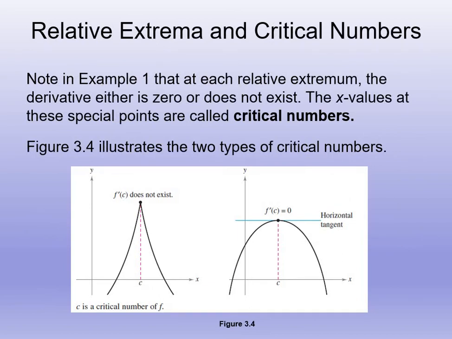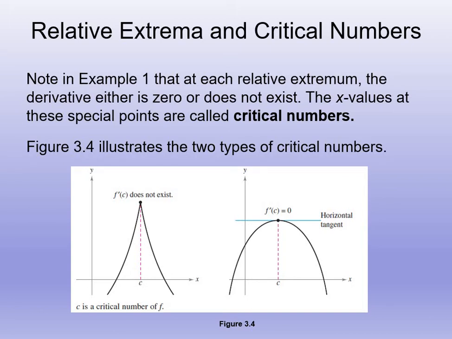Just looking back at this: if we have relative extrema, what's important is that we find what we call the critical numbers. The critical numbers occur when the derivative is either 0 or does not exist there. On the graph on the left, the point C is a critical number of f. The derivative does not exist because the graph comes to a sharp point, which means the left-hand limit and the right-hand limit as we approach C don't agree.